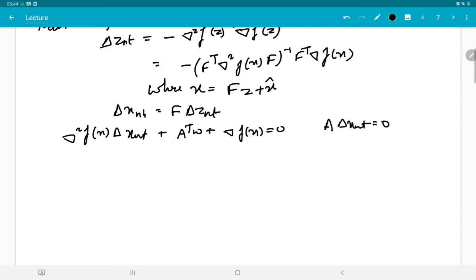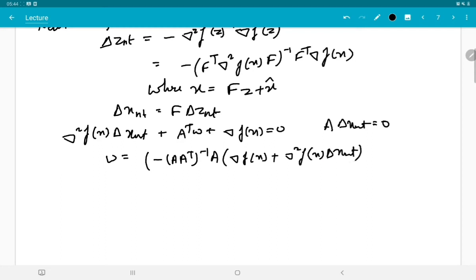We need a particular choice of w for this to be satisfied, and that choice turns out to be minus (A A transpose) inverse A times (del f(x) plus del square f(x) delta x_nt). So we can just plug in that value.